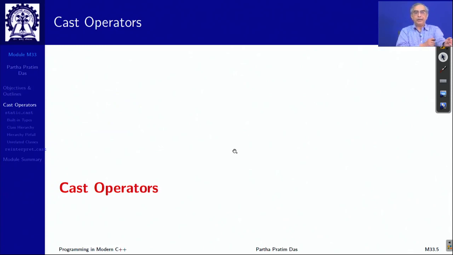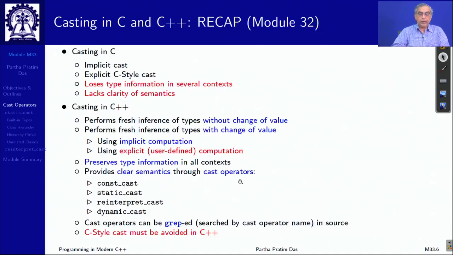Before we get into the meat of the discussion in this module, let us quickly recap what we have seen in the last module: what are the types of casting that C cast provides us, and why do we need separate specific casting operators for C++, particularly to have fresh inference of types with or without change of value.